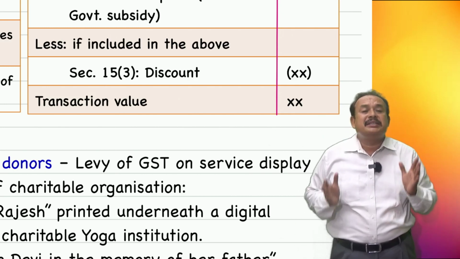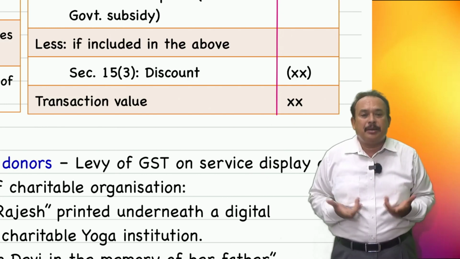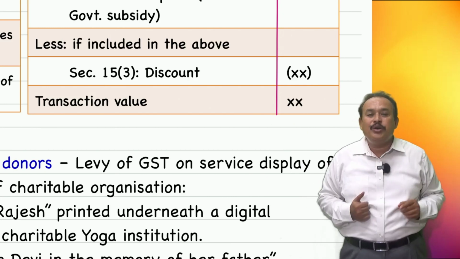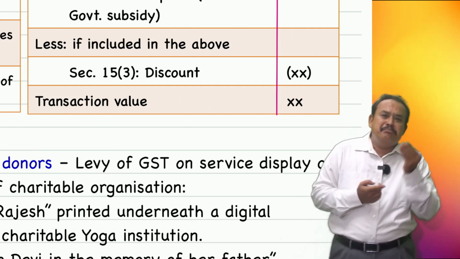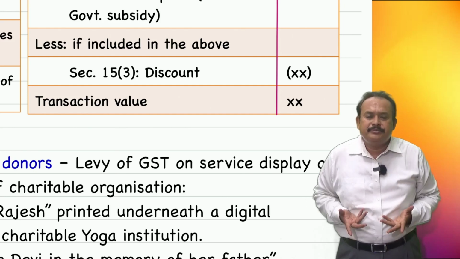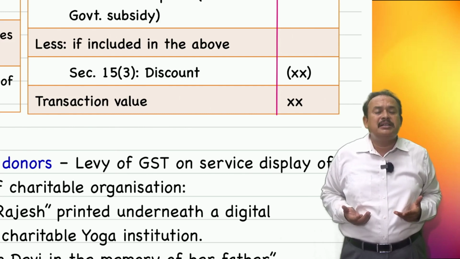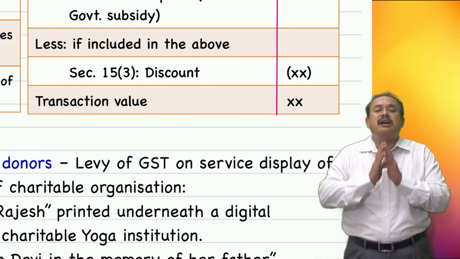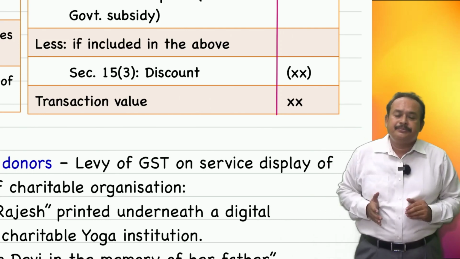That means such a discount is not allowed as a deduction from the given supply. Such a discount at a later date offered by the seller to the buyer is not allowed as a deduction. It is the third category of discount.